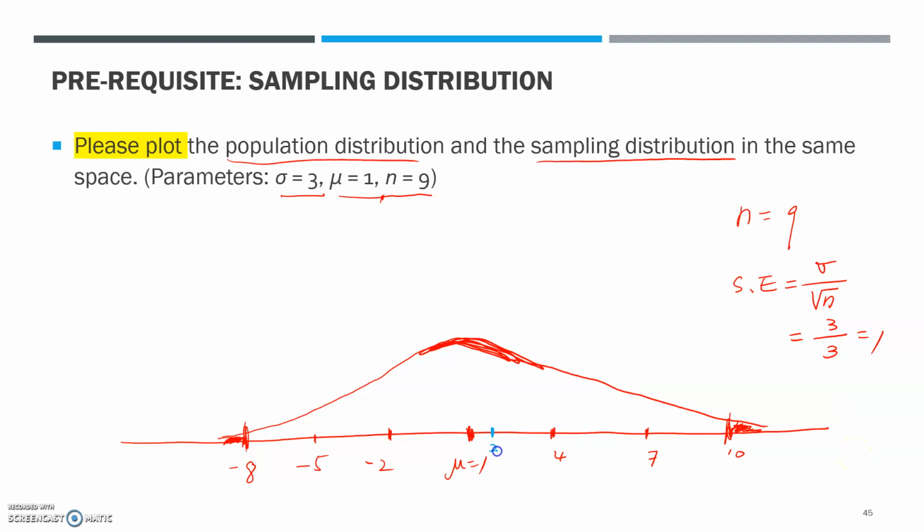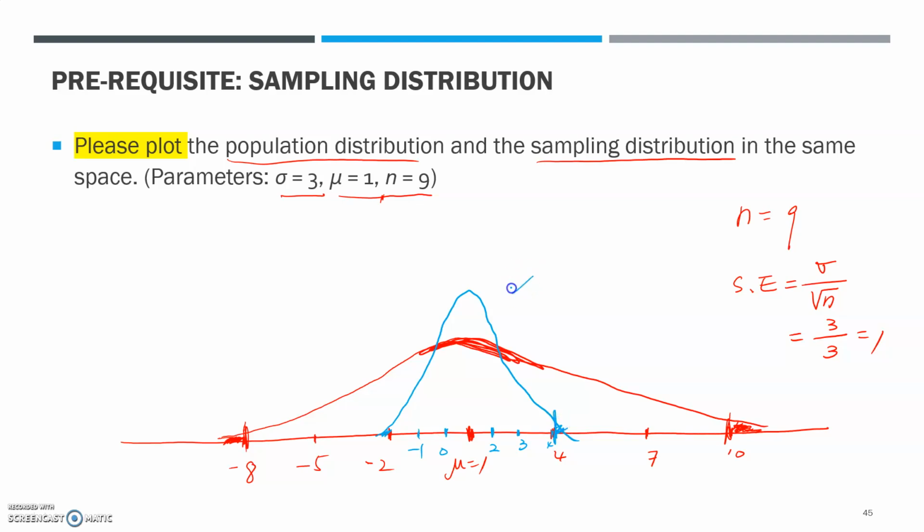This is 2, this is 3, here is 4, then 0, -1. These are the 3 standard deviation range. Again, you want to give a little bit beyond 3 standard deviations. You'd like to draw something like this, so that you only give a little bit of dimension outside of the 3 standard deviation range.